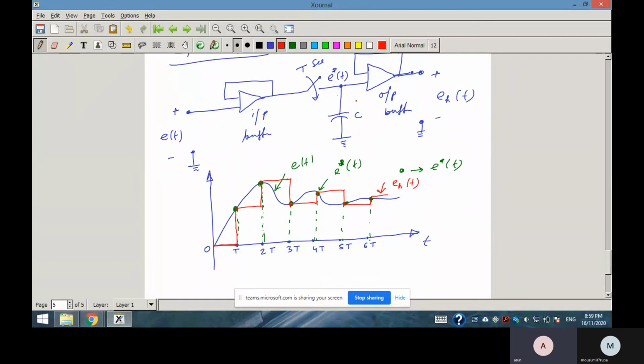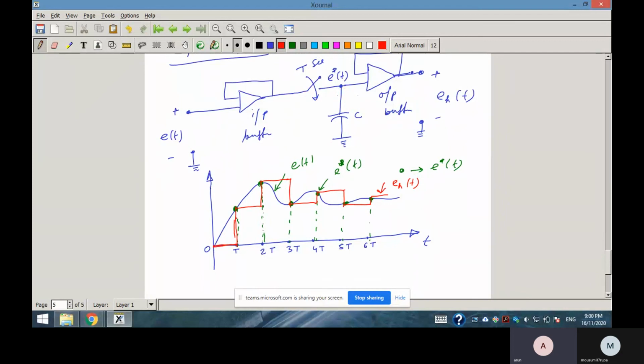And because of the output buffer, your e_h will be just like this.